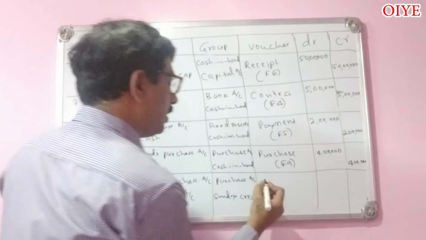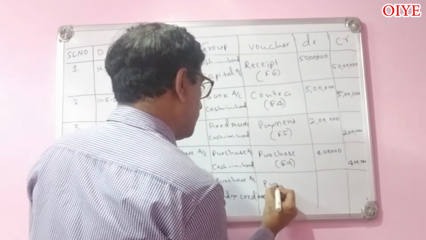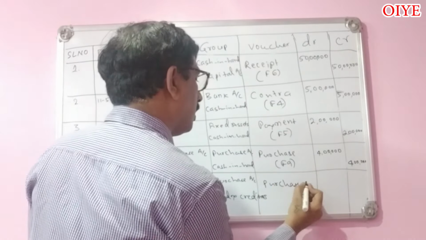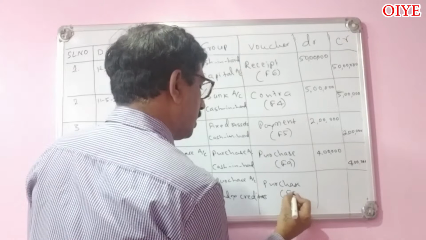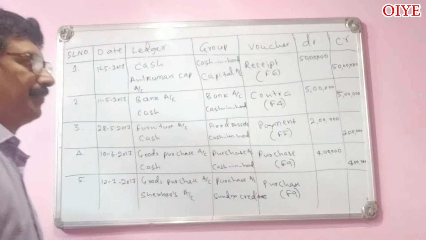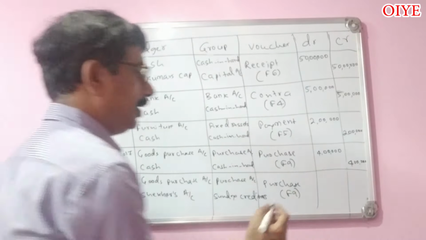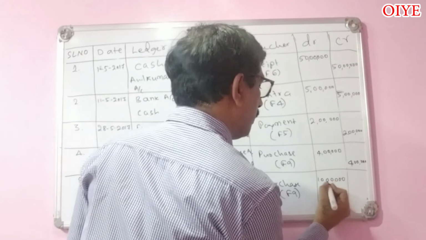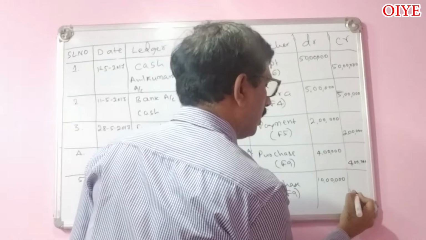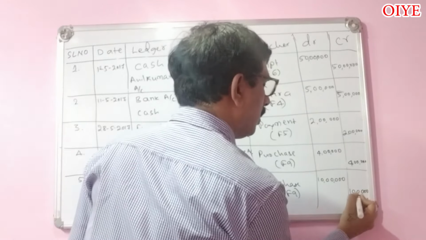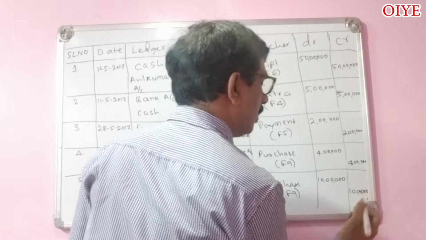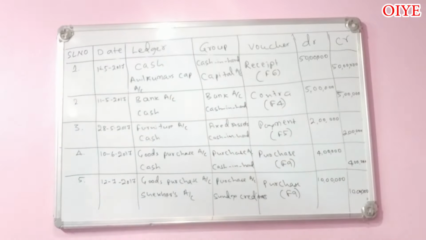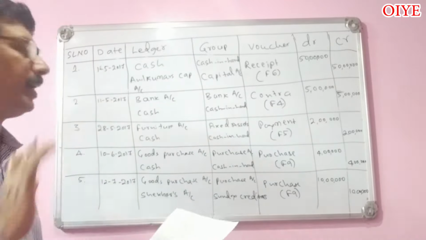And here purchase account, again purchase, and the shortcut key is F9. Now the amount is 10 lakh. Okay, these are the 5 entries.